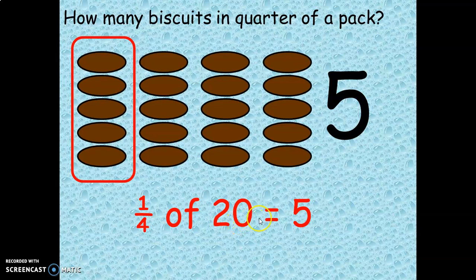Quarter means there are 4 groups: 1 group, 2, 3, 4. Then we share the 20, giving each group one at a time up to 20. Then one quarter of it has 5.